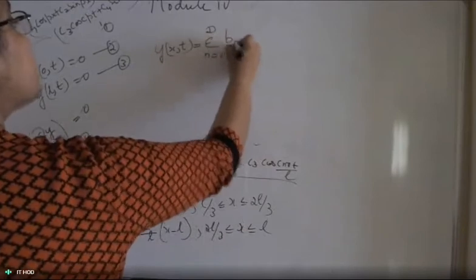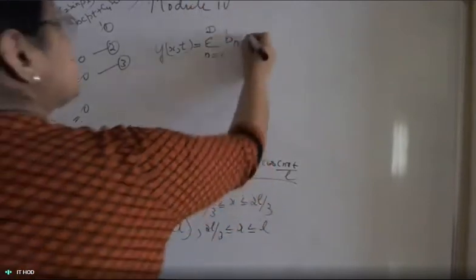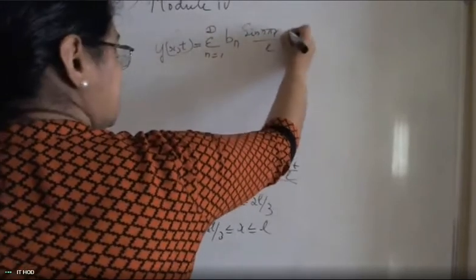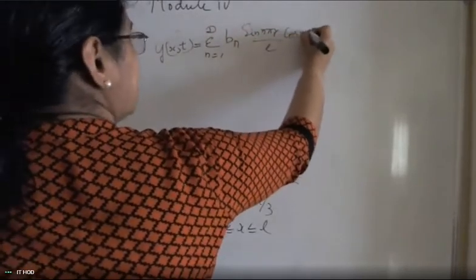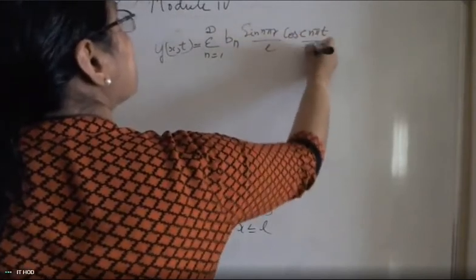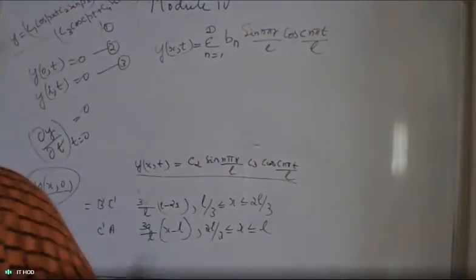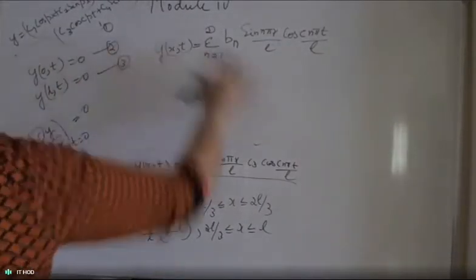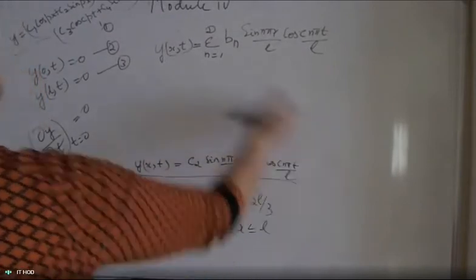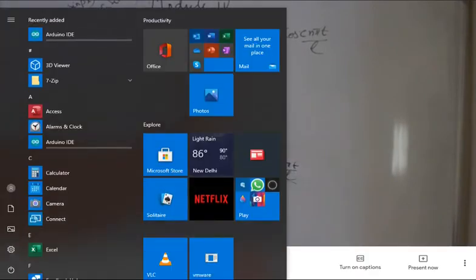So I am going to put it like this: Bn sin(n pi x by L) cos(c n pi t by L). So as a general solution, you can write like this, adding all the solutions of this one.